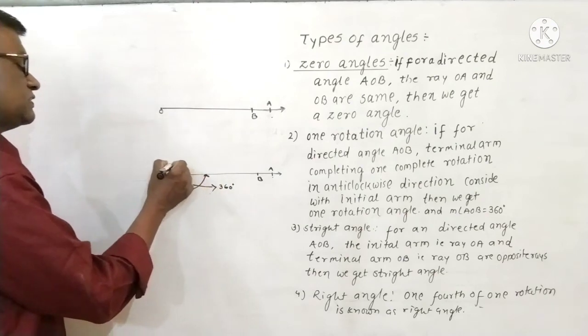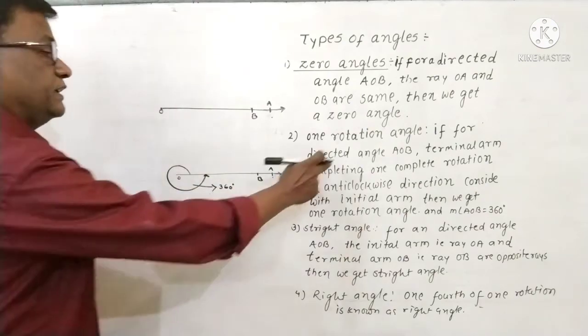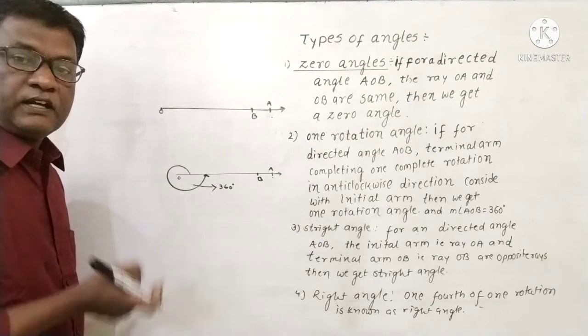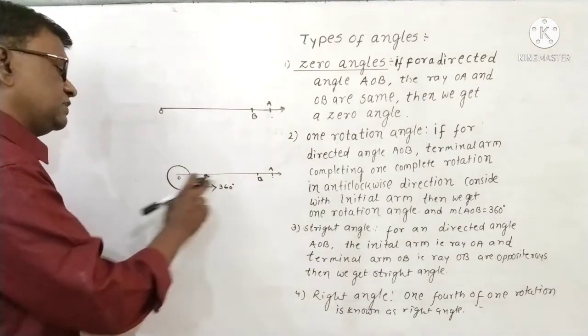If it rotates in the anti-clockwise sense, then we take the angle as positive, therefore its measure is 360 degrees.